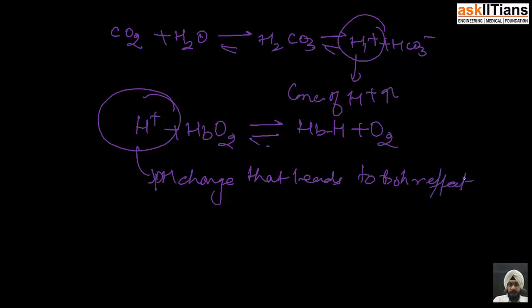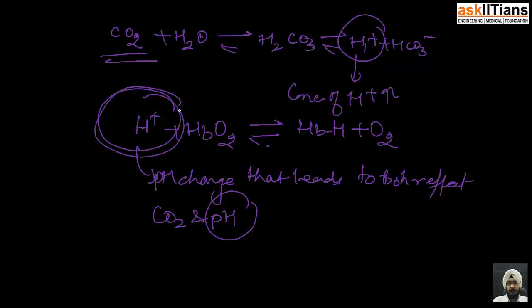So in the question, just based on our understanding, we will first say that both CO2 and pH change are responsible, but the direct one is pH, because even if the CO2 levels are changing, it is eventually affecting the concentration of hydrogen ions. So it is mainly the pH changes that will directly show Bohr effect.